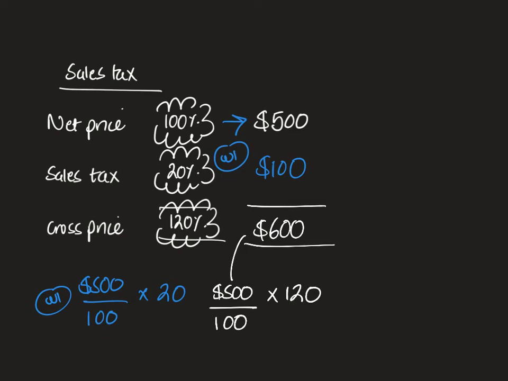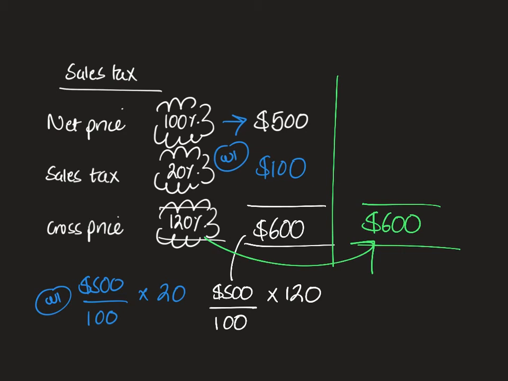Now imagine that the question this time round gave us the gross price. How would we work out what the net price and the sales tax is? Well, in a very similar manner, what we can uncover is that the $600 gross price is representative of 120%.